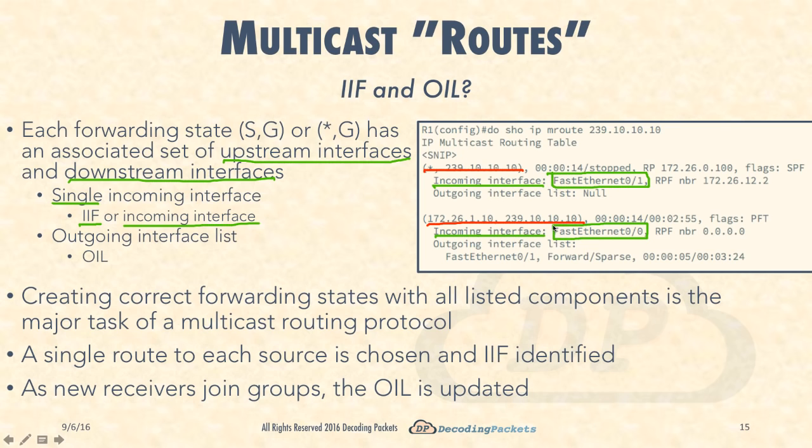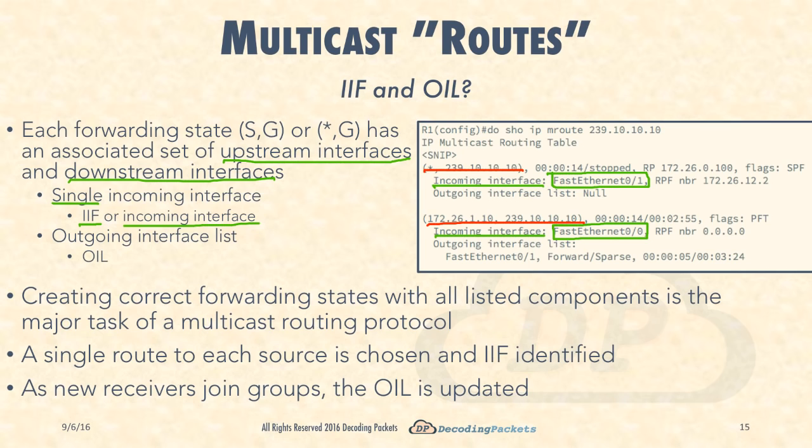So again, don't worry about how these interfaces were chosen just yet and why they are different for the same group. But just know for right now that you should be expecting to see this. And really, the packets coming down those multicast streams have to arrive on these interfaces, or there are problems. We'll get into that.